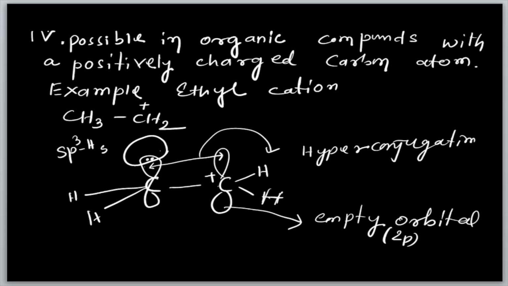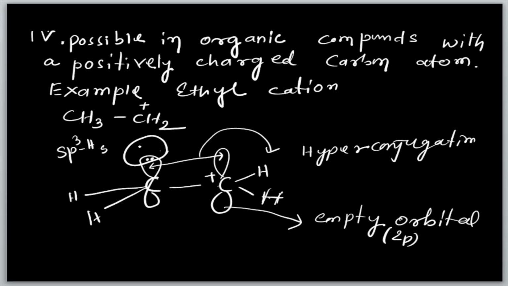Carbon which carries a positive charge by losing an electron is called a cation. Now if you take the ethyl group, that is called the ethyl cation, a carbonium ion. In CH3CH2, before there is no plus charge, but here it is a plus charge.